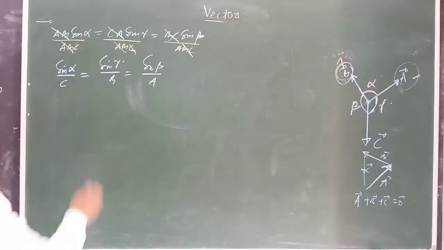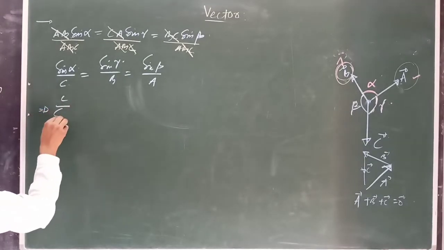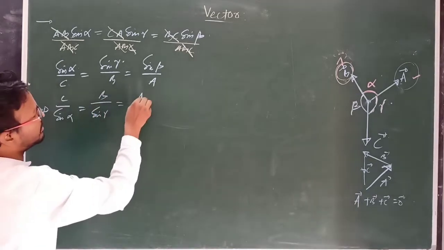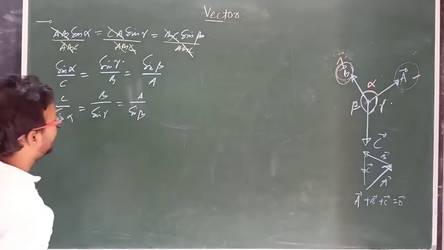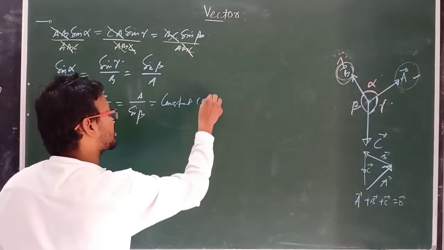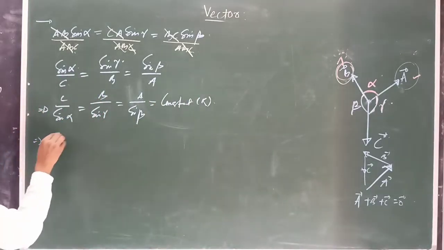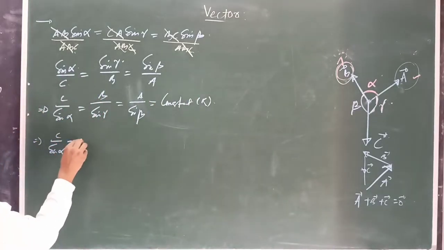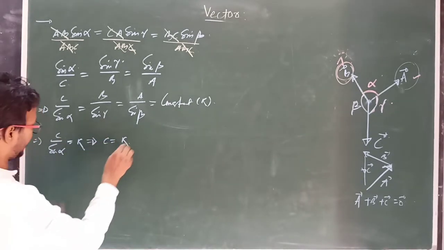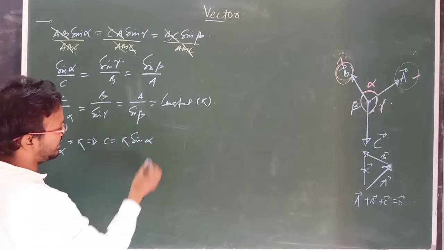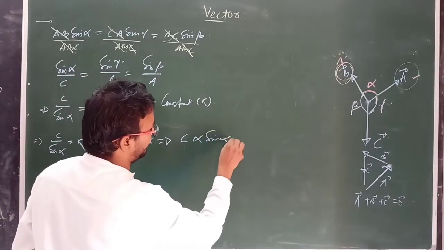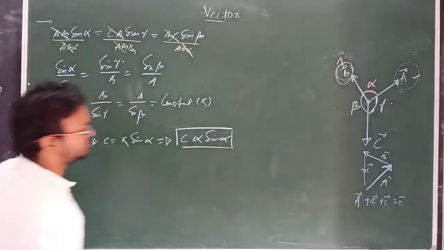Clear? And if we write the reverse, then C by sin alpha equal to B by sin gamma, which equals A by sin beta, and this total term is a constant quantity, say K. So C by sin alpha equals K, which implies that C equals K times sin alpha, so C is directly proportional to sin alpha.